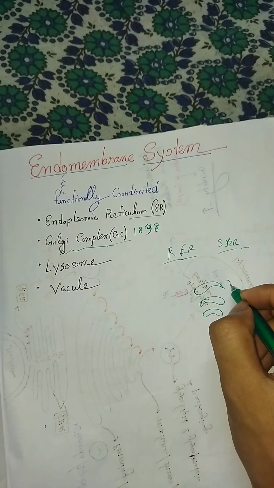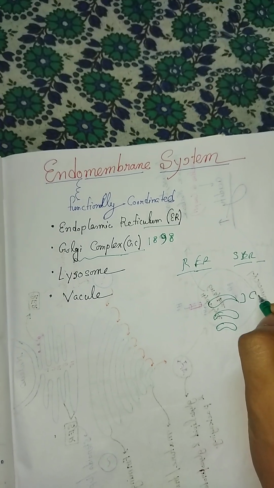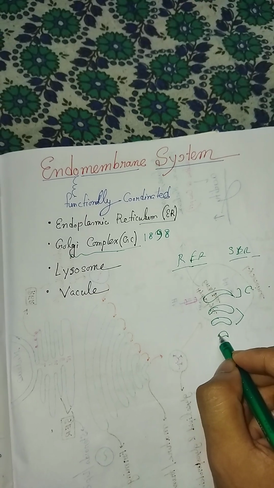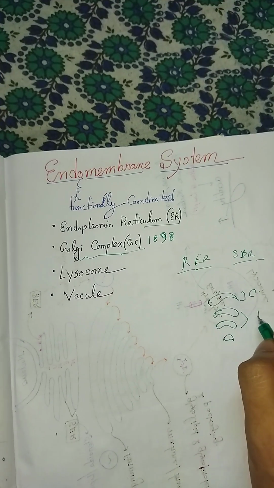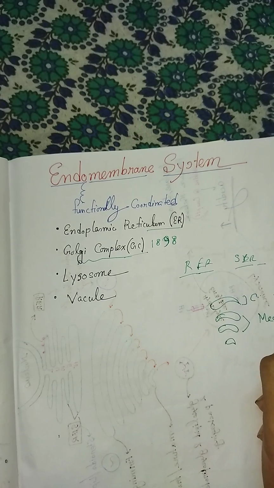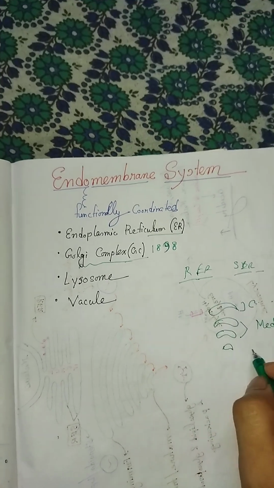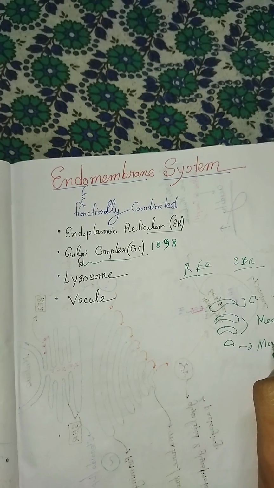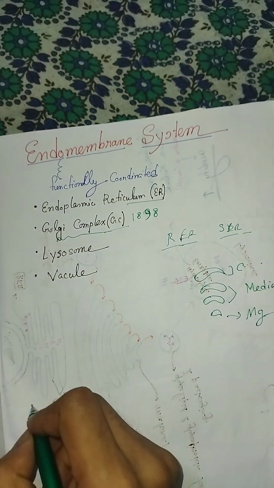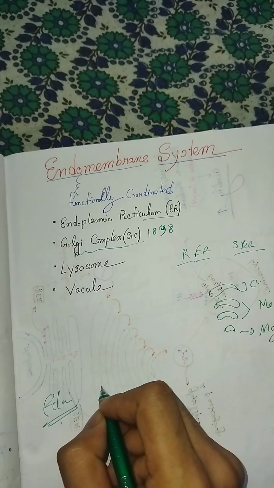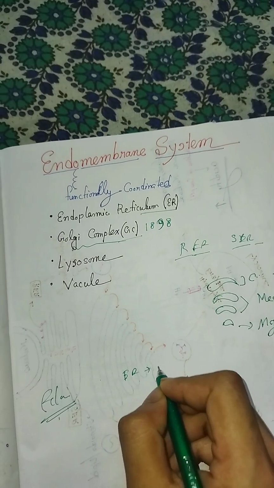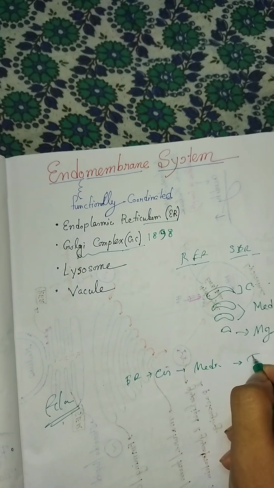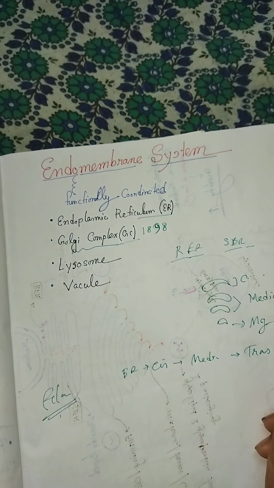This is the median Golgi, and this is the maturing trans or concave face. The flow is from the ER to cis to median to trans to target.